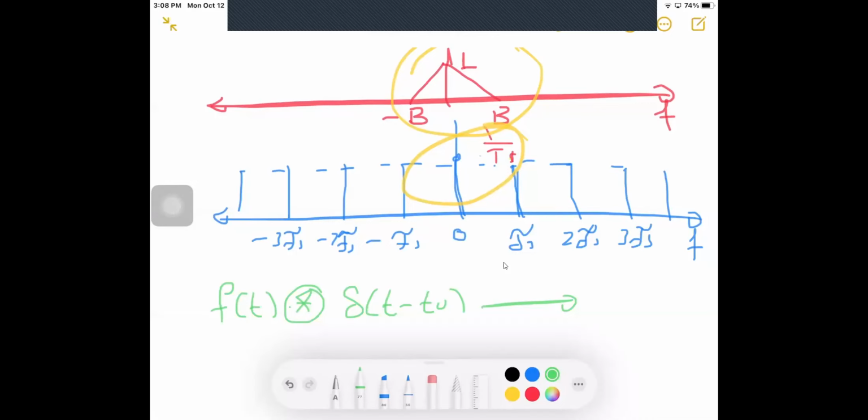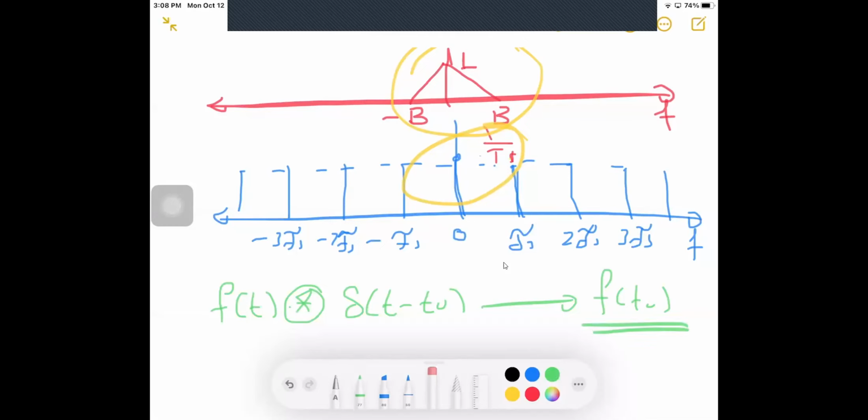Simple question. It will be f of t naught, I think. F of t naught. Really, this is when we integrate f of t with delta of t minus t naught. The result will be f of t naught, as you have said.